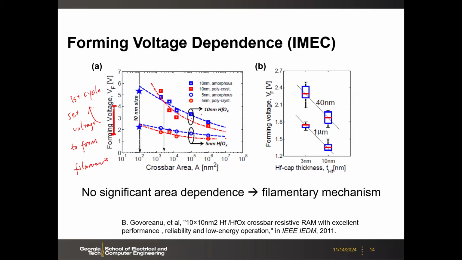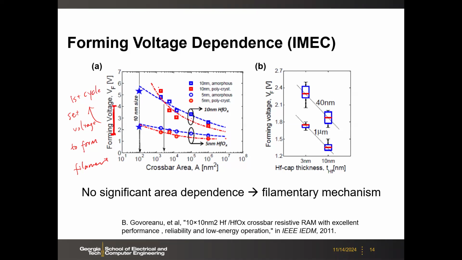Of course, it depends on the thickness. The thicker the oxide, the larger the voltage you have to apply, especially when you scale, then you may apply like 4 or 5 volts. So that's not good, because that means your peripheral circuits need to provide a high voltage, more than 3 volts.